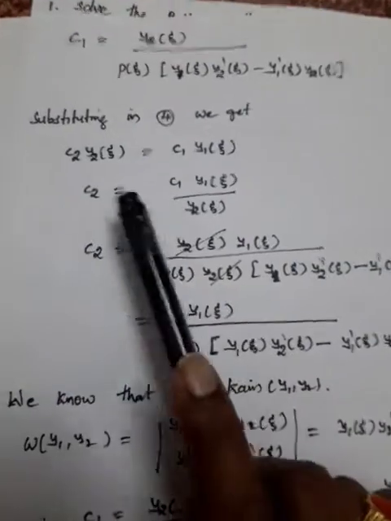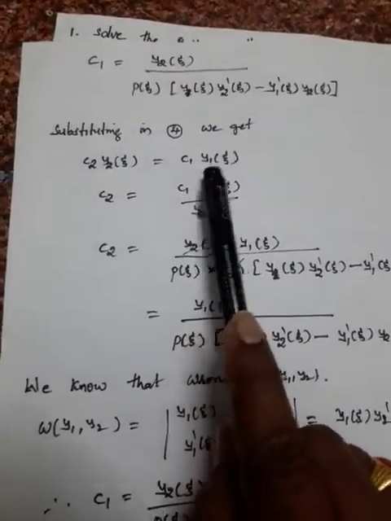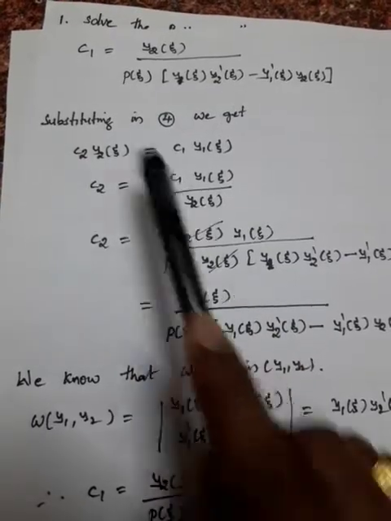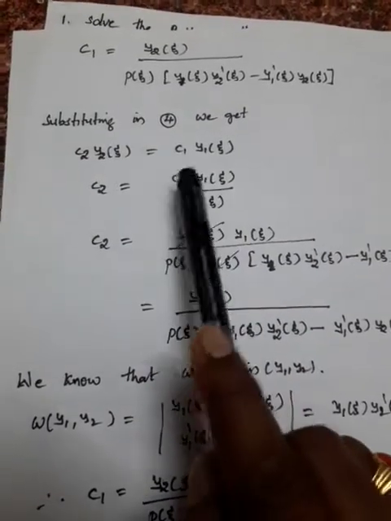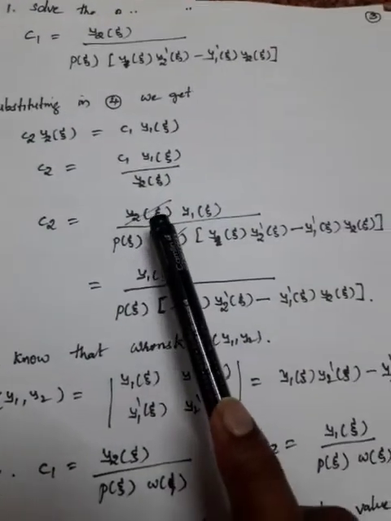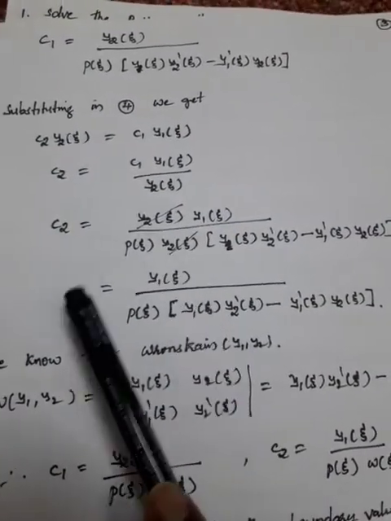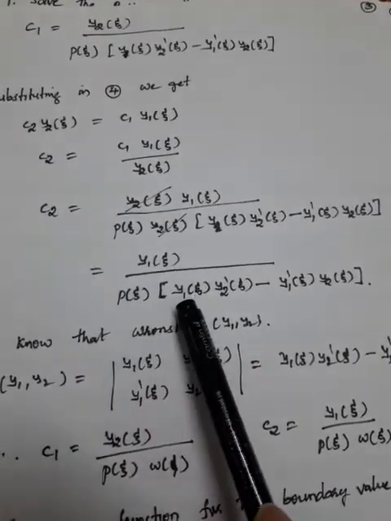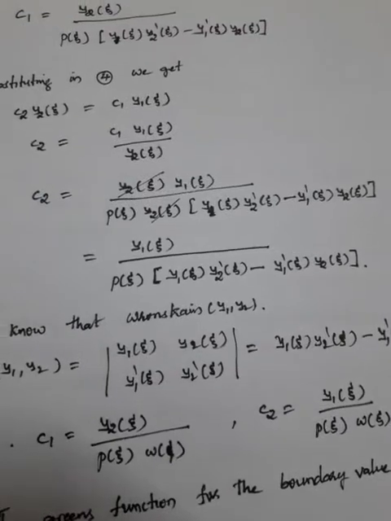So c2 y2 of ξ is equal to c1 y1 of ξ, so c2 is equal to c1 y1 of ξ by y2 of ξ. The c1 value is substituted and we have cancelled the common terms. We got c2 as y1 of ξ by p of ξ times the same determinant expression.